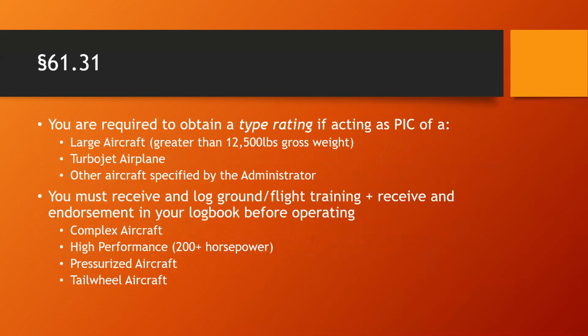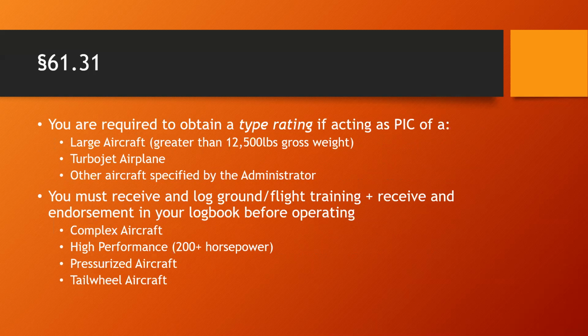All right, part 61.31. You are required to obtain a type rating if acting as PIC of a large aircraft greater than 12,500 pounds gross weight, a turbojet airplane, or any other aircraft specified by the administrator. You must receive and log ground and flight training, plus receive an endorsement in your logbook before operating a complex aircraft, high-performance aircraft, pressurized aircraft, or a tailwheel aircraft.